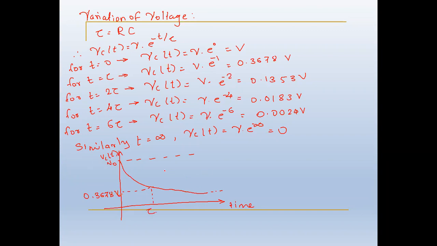So the variation of voltage across the capacitor with respect to time can be drawn like this. Vc(t) rapidly decreases with time t: at t equal to tau, the value is 0.3678 V, and after this the rate of decay slows down. A steady state voltage is obtained at 6 tau.